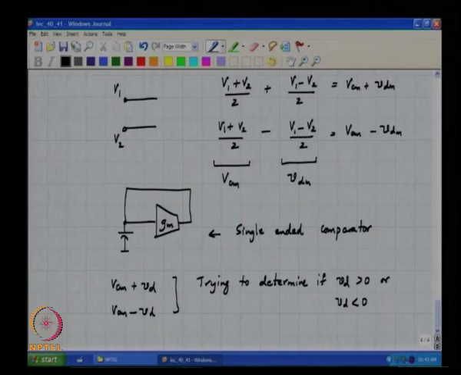Does it make sense? Correct? In other words, we are trying to figure out whether VCM plus VD is larger or VCM minus VD is larger. And please recall that VD can be either positive or negative.